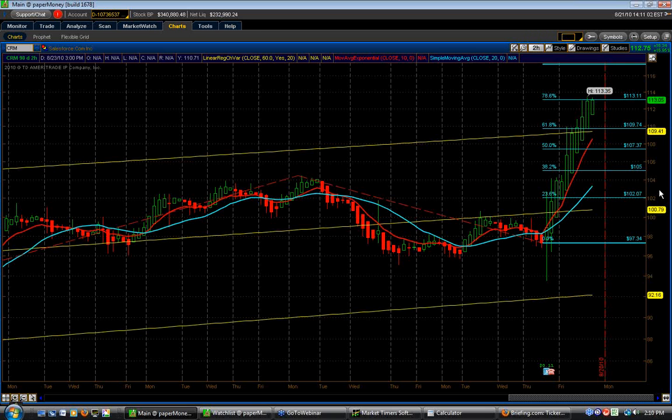A lot of people get scared, take their money off the table, and then suddenly the stock runs. Man, I know that's profit taking. I'm going to stay in because I know it's going to hit that 38.2, that 50. There's going to be profit taking. The stock's going to bounce off of that, and it's going to turn around and keep running through.